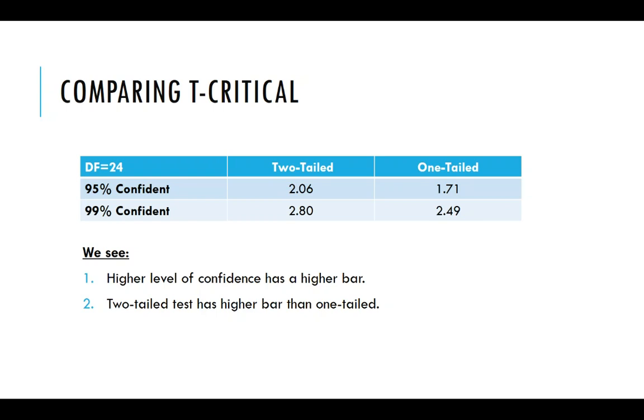Second, we see that our two-tailed test has a higher bar than the one-tailed test, right? For the same degrees of freedom and the same level of confidence. Compare 99%, 2.8 if it's a two-tailed test, 2.49 if it's a one-tailed test. So what's that about? Well, remember, with a one-tailed test, you also have to get the sign right to claim significance, right?